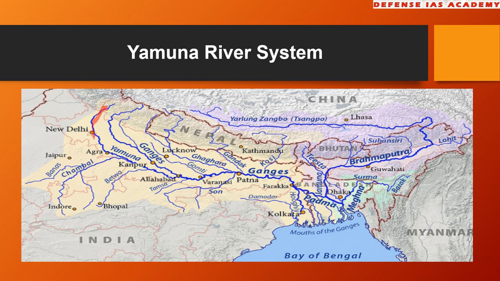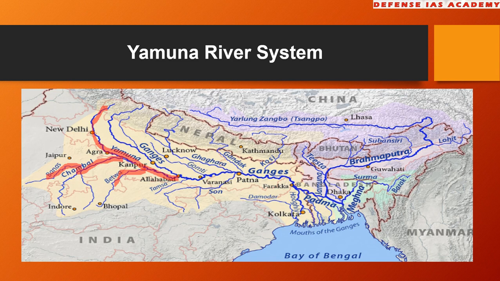So this shows the Yamuna river system. It is a tributary of the Ganga river system. The major tributaries of the Yamuna are Chambal, the Banas, the Betwa.